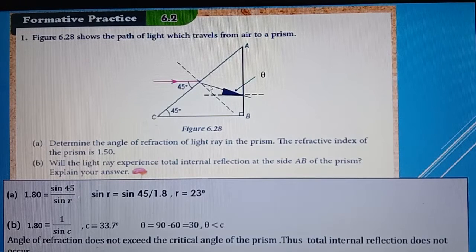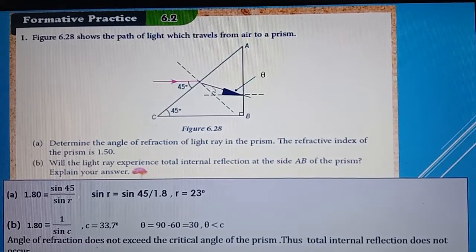Okay, A, we want to determine the angle of refraction. We can use the formula from Snell's law. The refractive index of the glass prism is 1.8, equals sin 45 in air divided by sin r. So we get the angle of refraction equals 23 degrees.